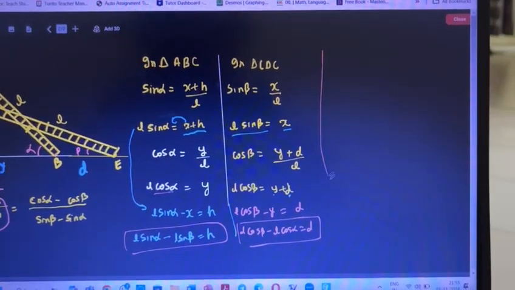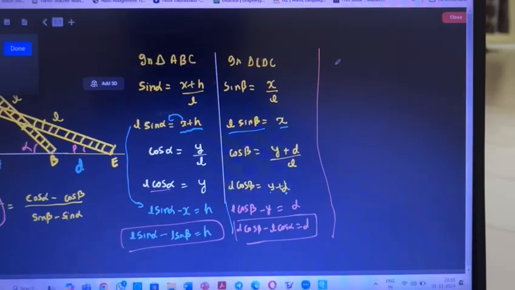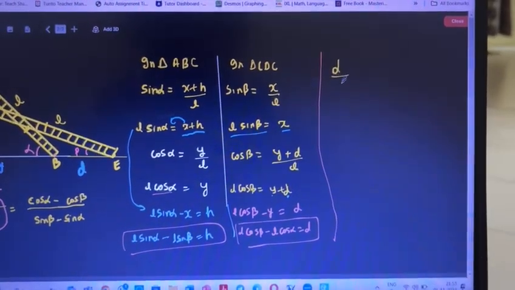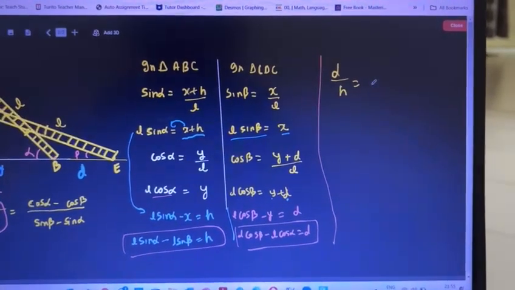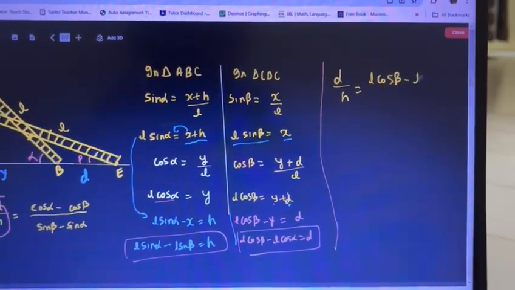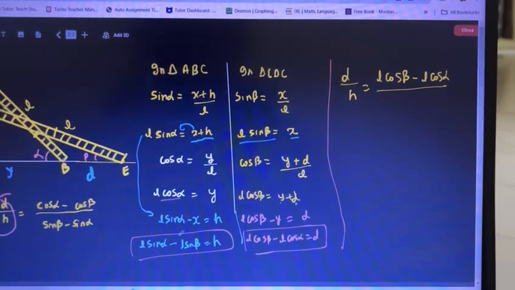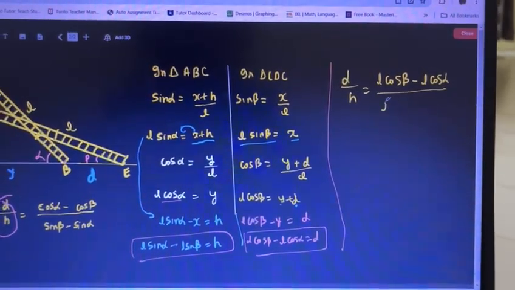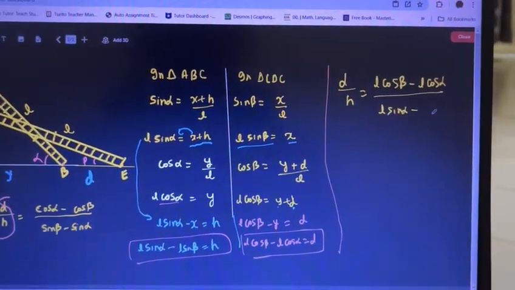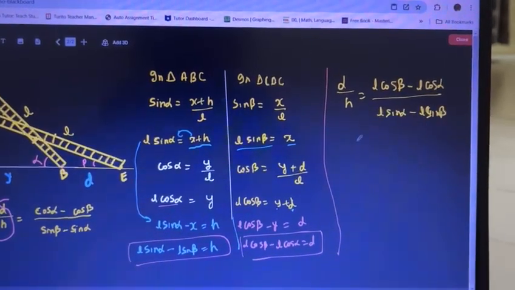Now divide this D and H together. When you divide D over H, what is D? D is L cos beta minus L cos alpha, divided by, now what is your H? H is L sin alpha minus L sin beta.